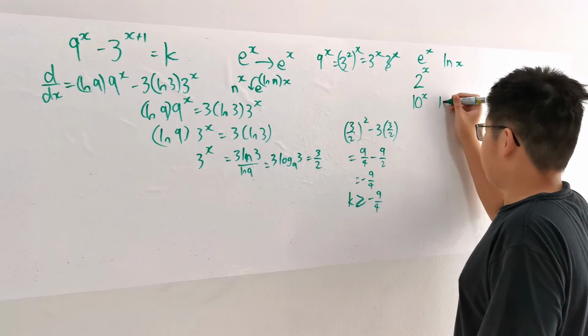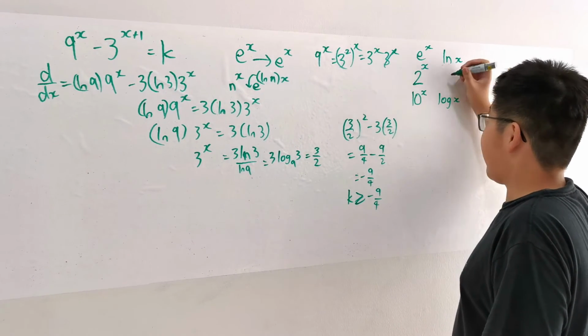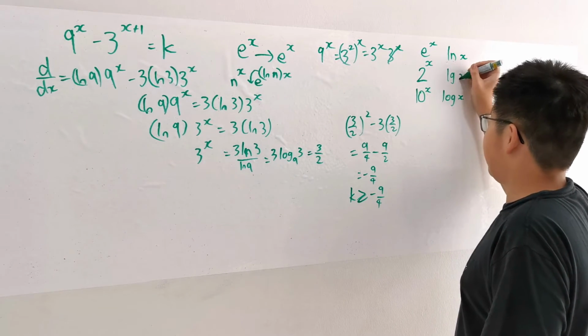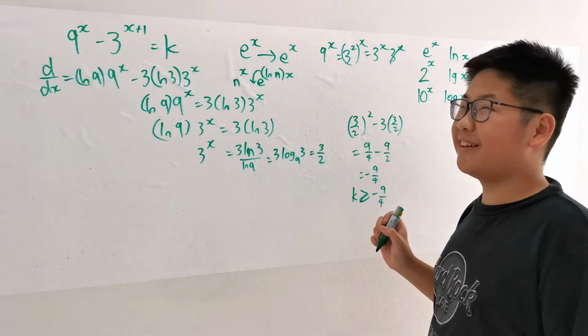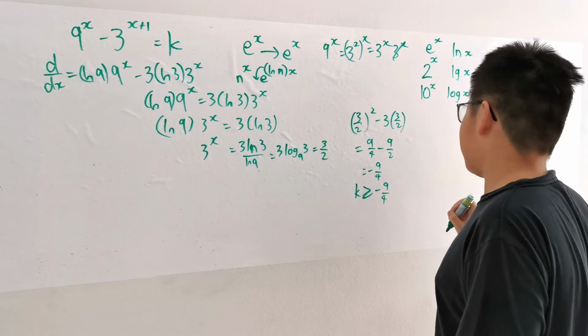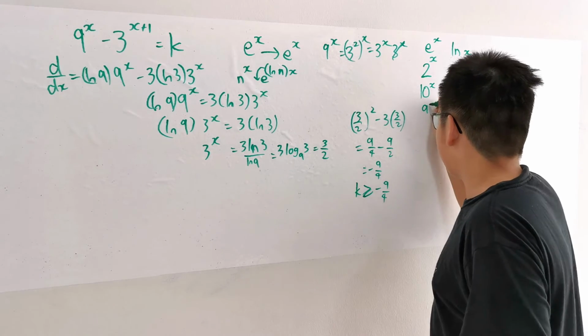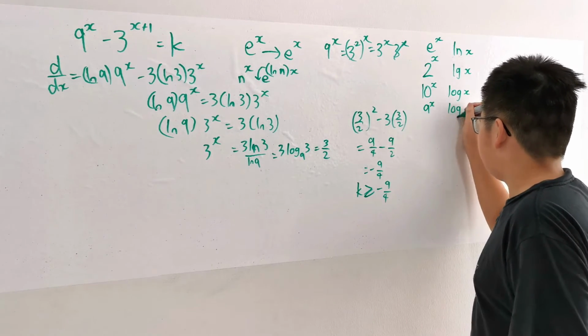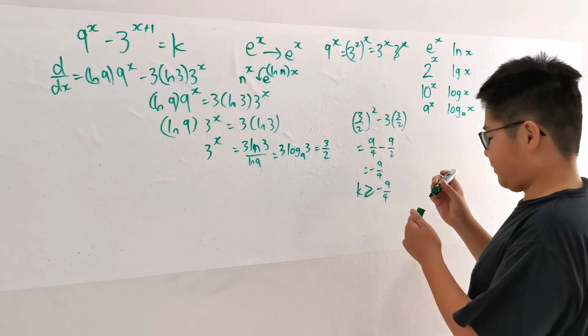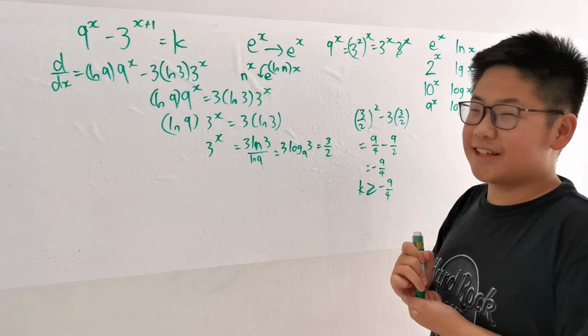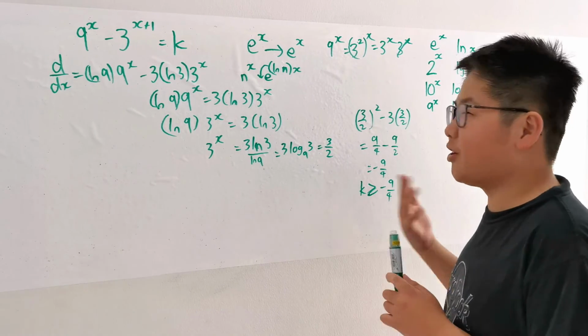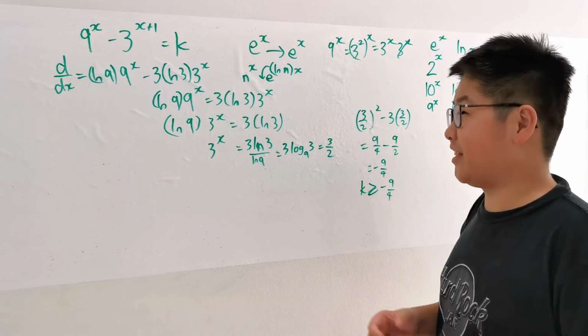For 10 to the power of x it is log x, and for 2 to the power of x it is sometimes abbreviated lg x. Well, it's really interesting, and for other bases you just put the base right here. So that means for a to the power of x, in general, log base a of x. So that's a quick logarithm, exponentiation and derivative question.